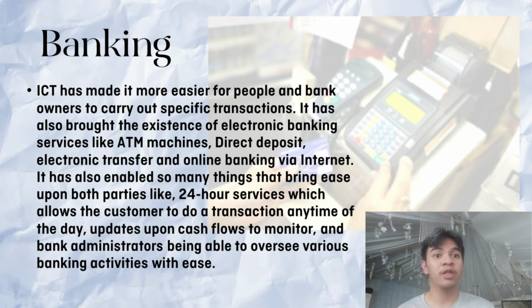For example, 24-hour services, wherein even at night you can withdraw money, and also real-time updates on your cash flow. And for the bankers, it became easier for them to track down the activities involved in the bank and their own area.